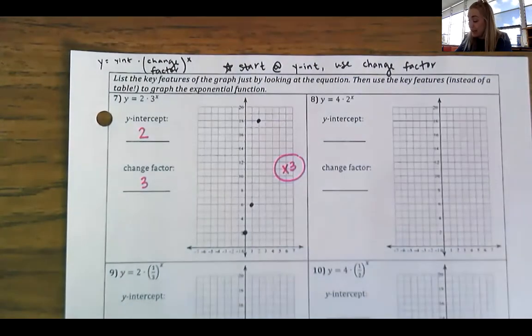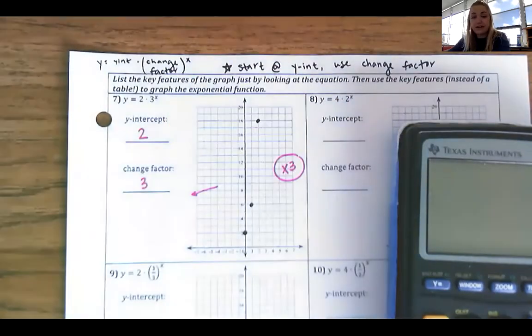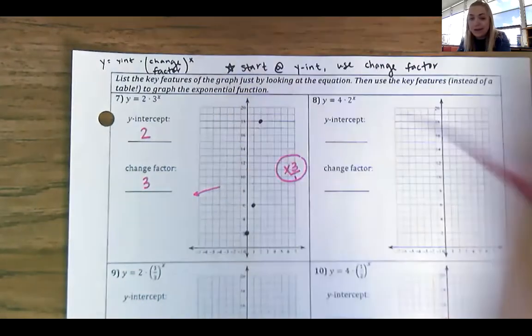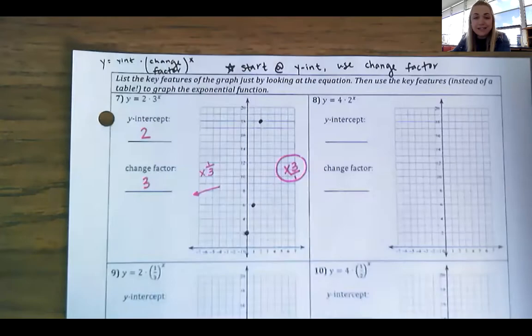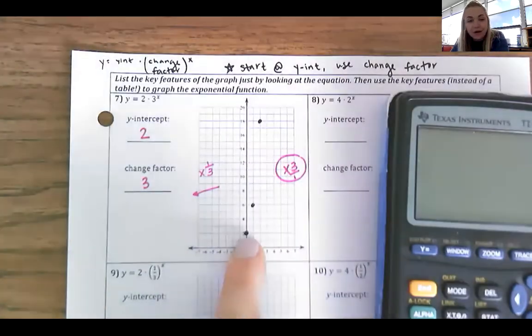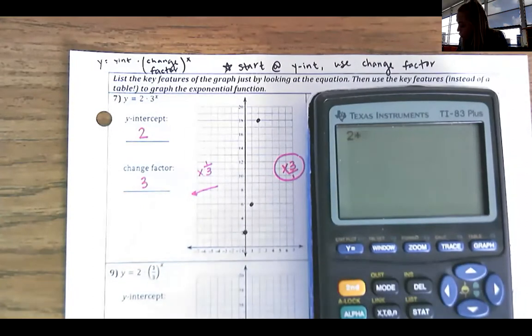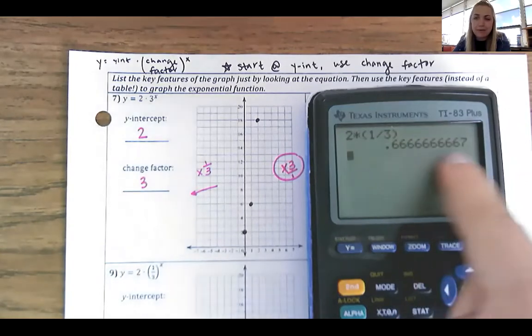Now I'm going to use my calculator for the left half because what do I multiply going this direction? If I multiply by 3 to the right, that's really 3 over 1. So flip that, it's going to be multiplying 1/3 to the left. So if I was at a dot on 2, turn on my calculator, 2 times 1/3 gives me my next dot at 0.66666 and so on, 7.